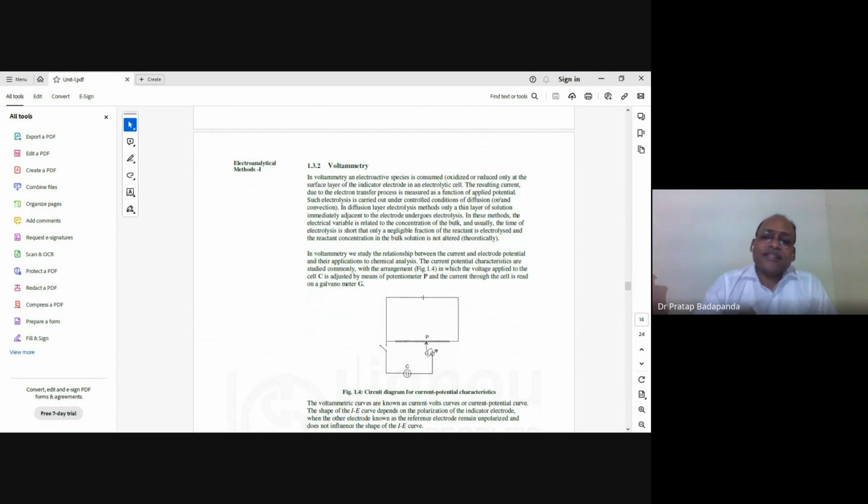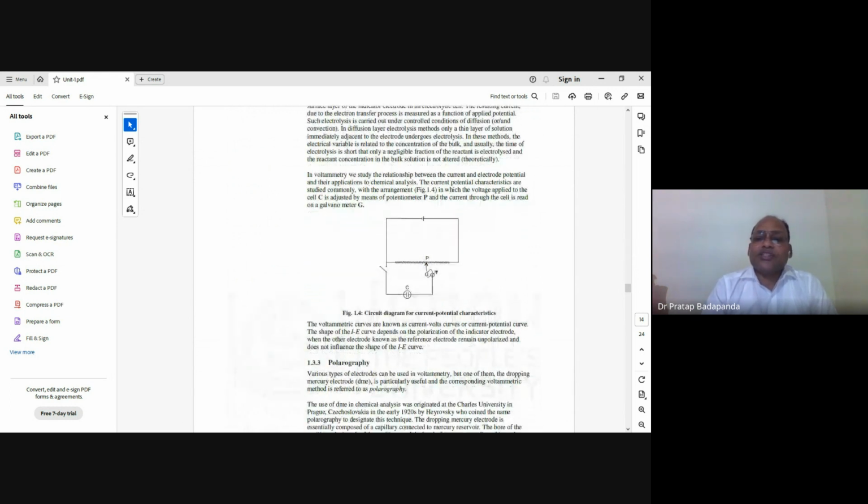See this picture, it will come down. You see the circuit diagram of current-potential characteristics. This is the voltammetric system. Go through this circuit once and read the lower part and upper paragraph.